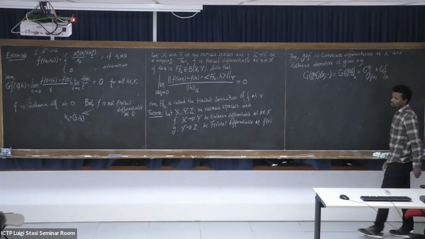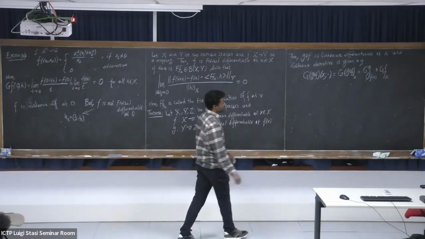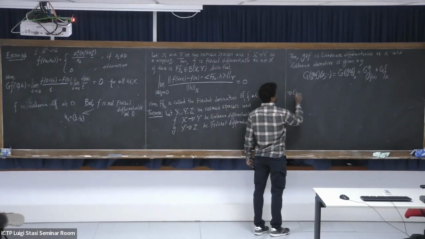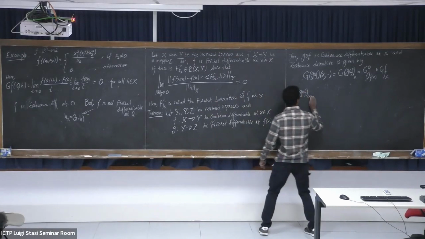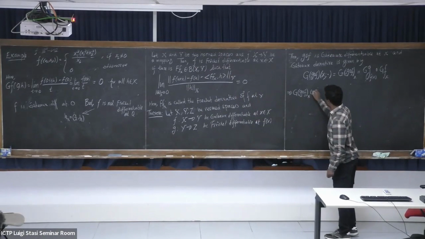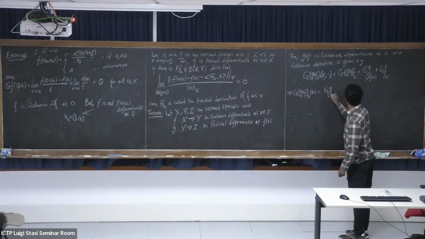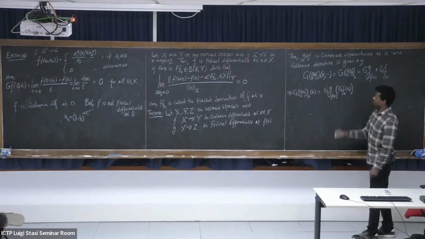This is the chain rule, simple like that. The derivative in the direction of h is given by the derivative of g at f of x applied to the derivative of f at x in the direction h. We can complete this.